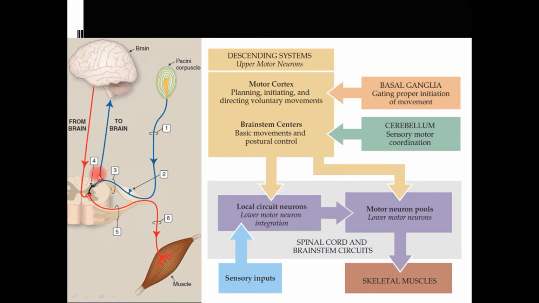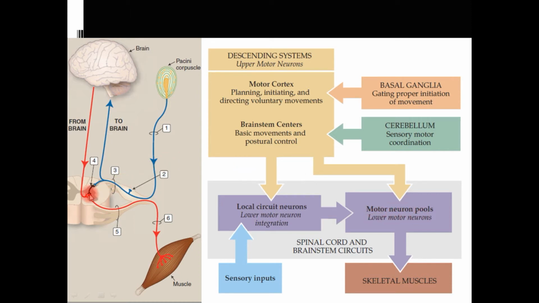Here as you can see, this part in the spinal cord is the local circuit of the neurons. This is a much simpler representation of more complex circuitry which is present in the spinal cord. Then comes the third aspect, that is motor neuron pool, which is called as lower motor neuron.